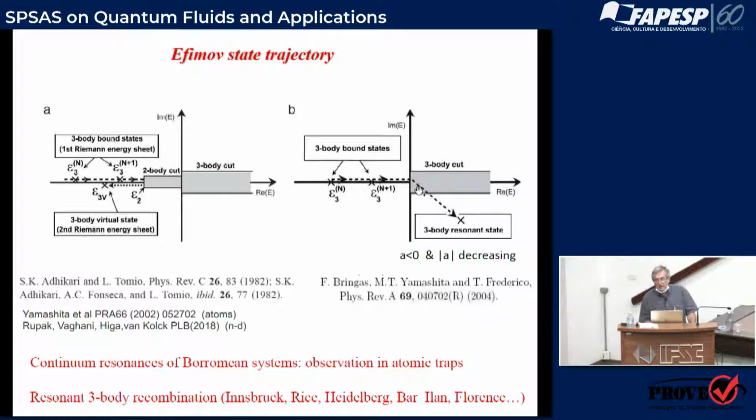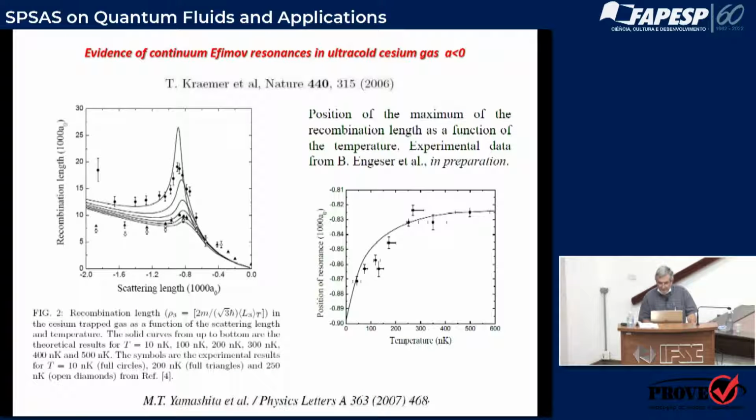And then, of course, as the energy, you see here, the position of the resonance increases, the scattering length in modulus decreases. And people have observed that. This is what we see in this experiment by Kramer. These are the peaks of the three-body resonance at different temperatures.